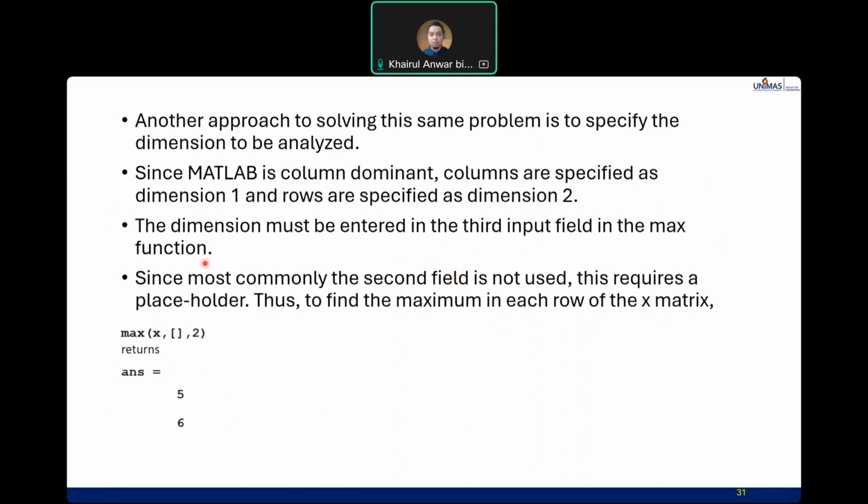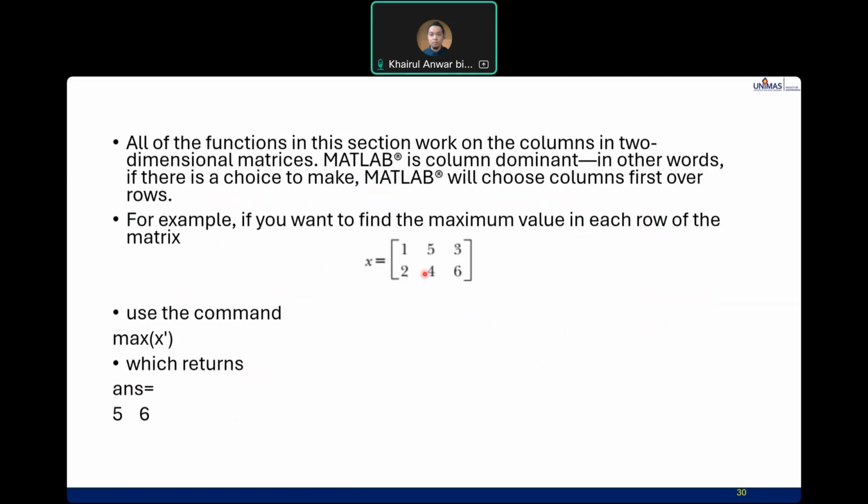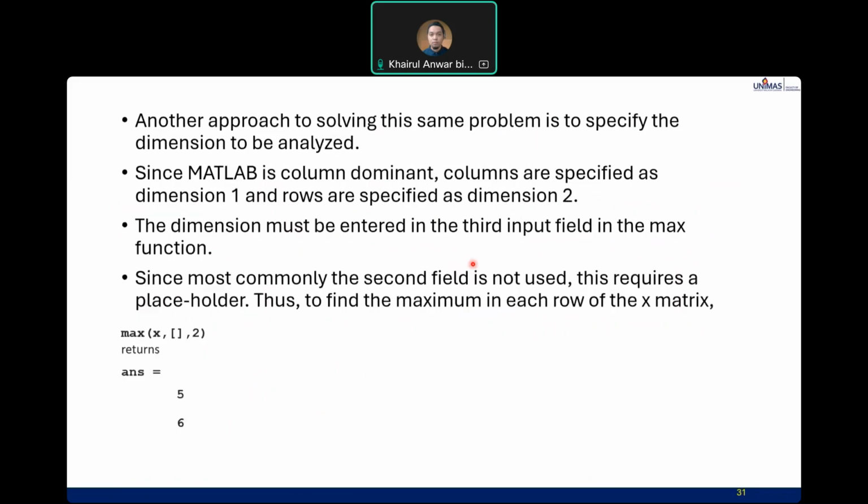Thus, to find the maximum in each row of the X matrix: max(X,[],2), where the brackets are the placeholder. The answer returned is 5 and 6. This refers back to X equal to this matrix. If you choose 2 here, it refers to the row.